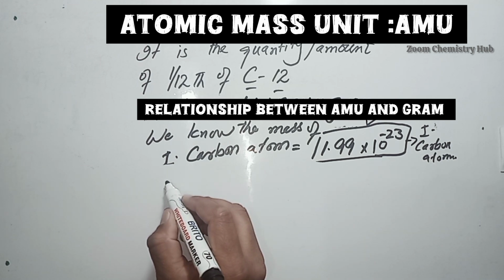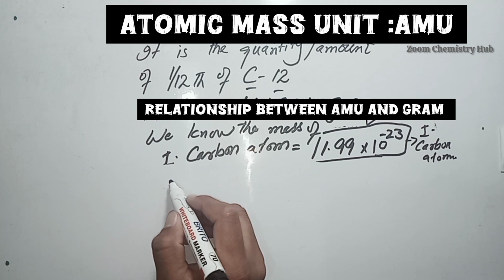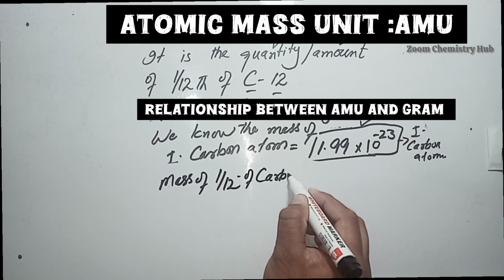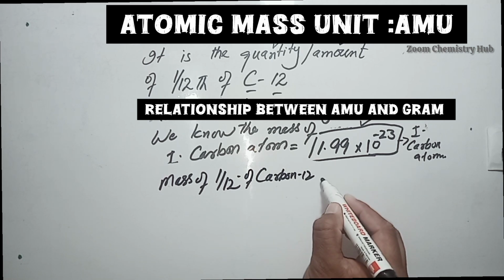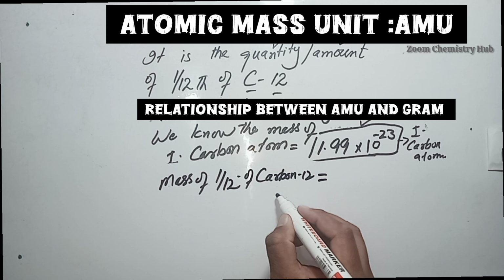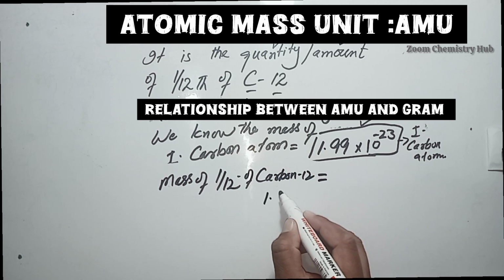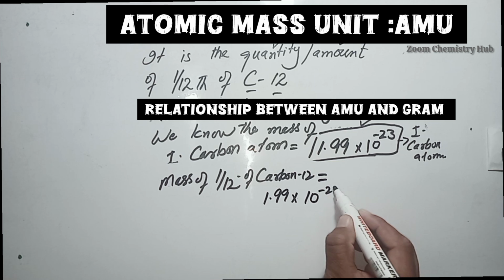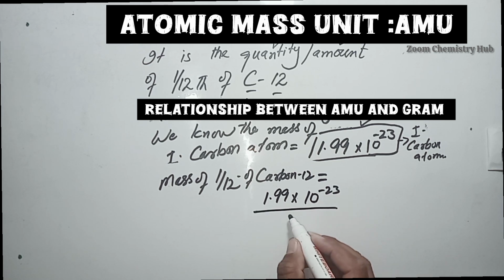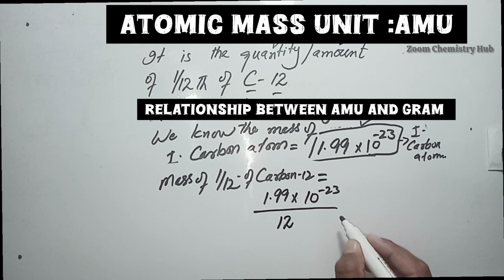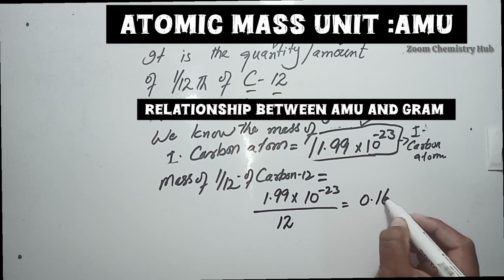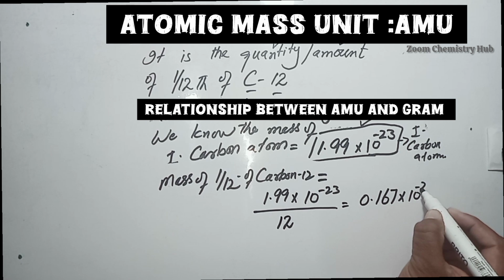Now we calculate the mass of 1/12 of the carbon 12. 1/12 of carbon 12 will be equal to, we divide the mass of 1 atom of carbon, that is 1.99 multiplied by 10 raised to power minus 23, divided by 12, and we will get the mass, that is 0.167 multiplied by 10 raised to power minus 23.